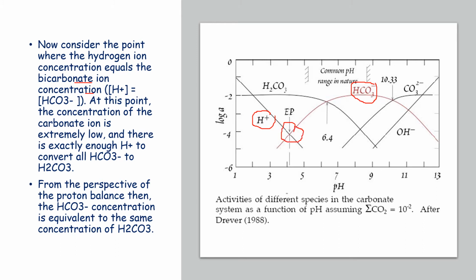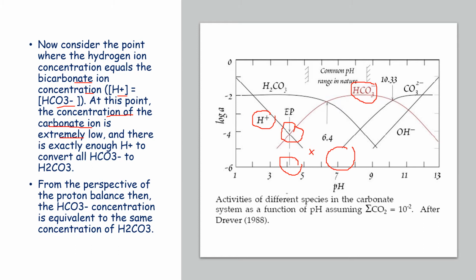Okay, at this point, where the concentration of hydrogen is equal to the concentration of bicarbonate, the concentration of the carbonate ion is extremely low. Why? The pH here is about 4.2. Your carbonates more or less come into existence at around pH 7, 7 point something. So in this case, you can forget about carbonates.